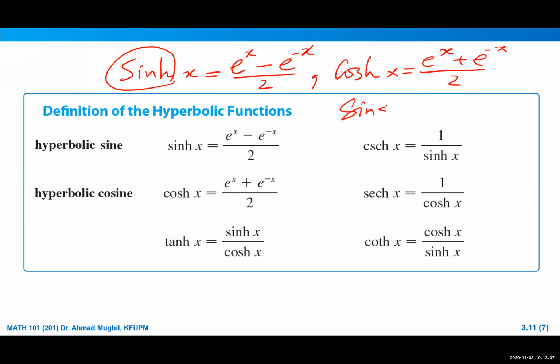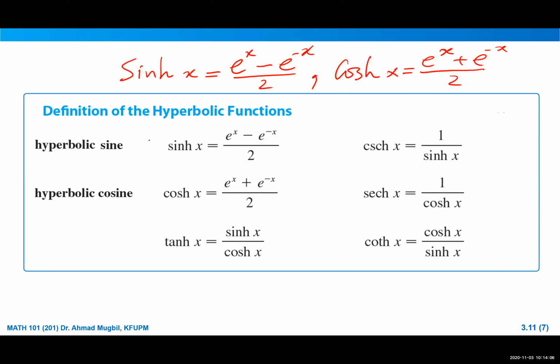In some textbooks, they just call it sh like this. Whatever, Shabab, we will read it formally as sine hyperbolic, though I used to read it as cinch or shine. It is up to you. Read it as you want. It is just hyperbolic sine.